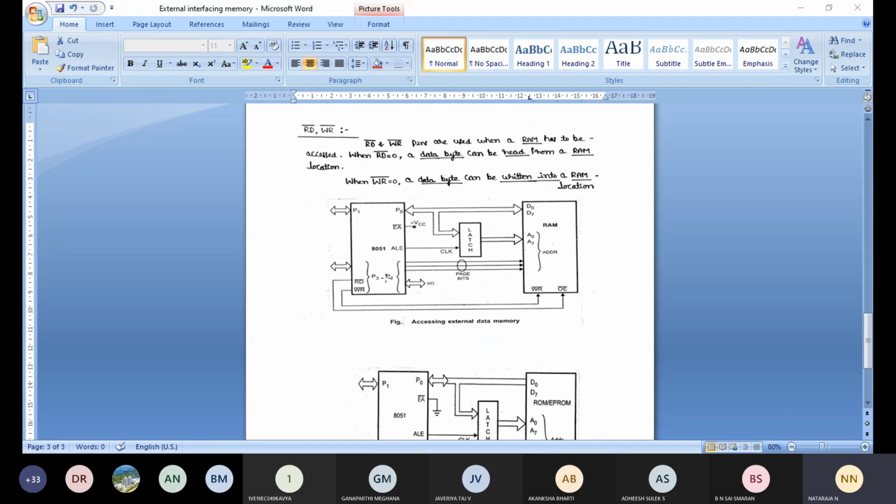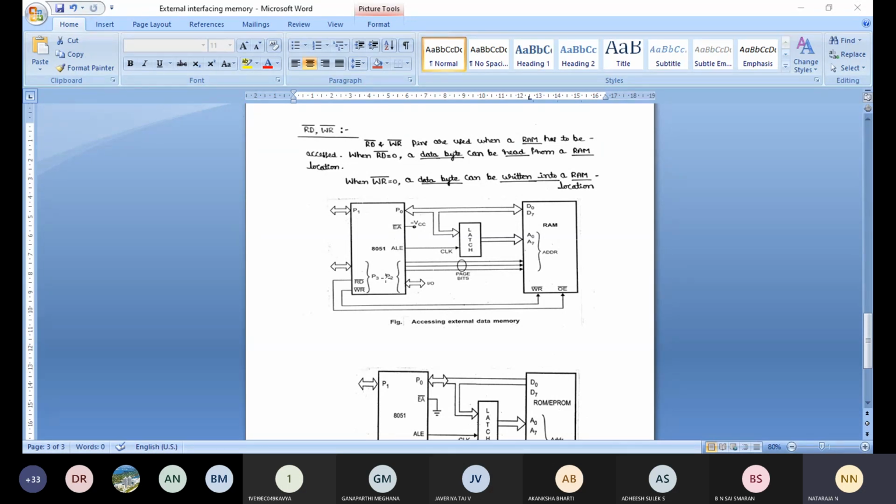The 74373 will be enabled when ALE is high, so the output of the 373 gives the lower order address A0 to A7. The program store enable, PSEN bar pin, is an active low pin which is used to activate the output enable signal of the external ROM.